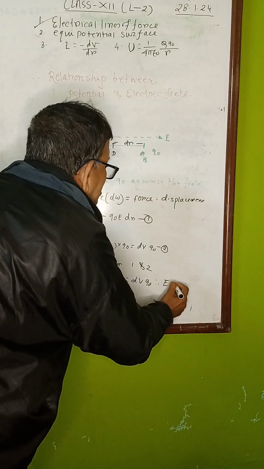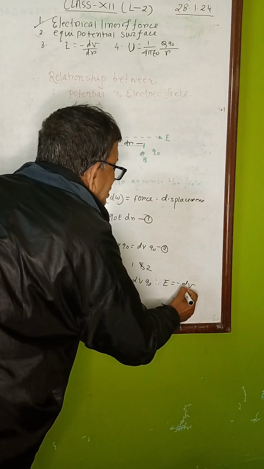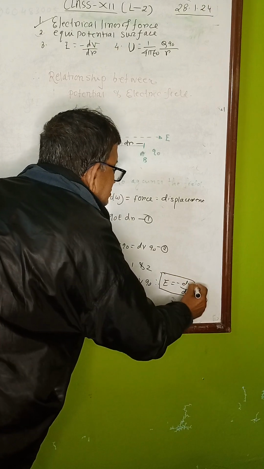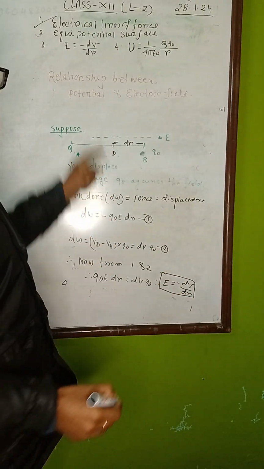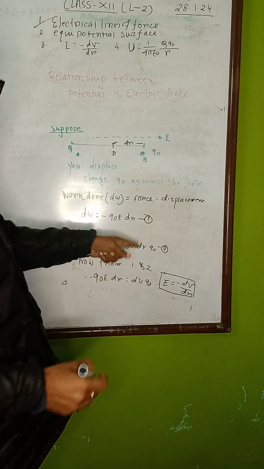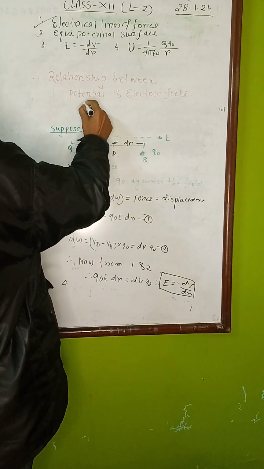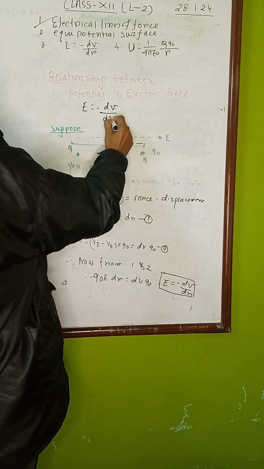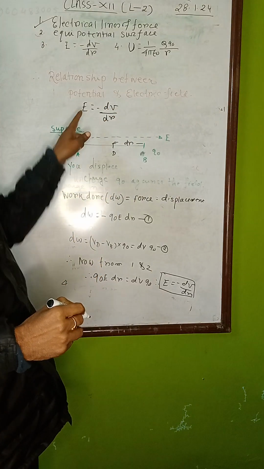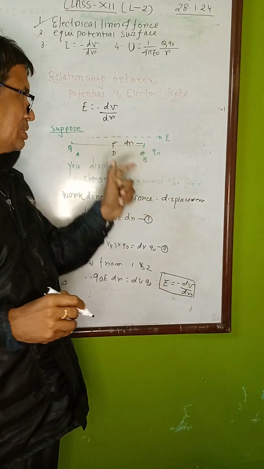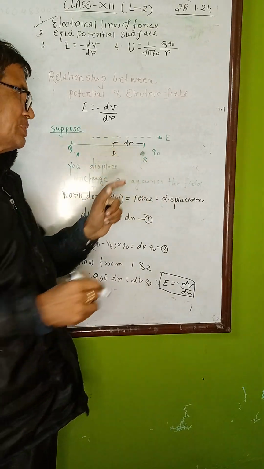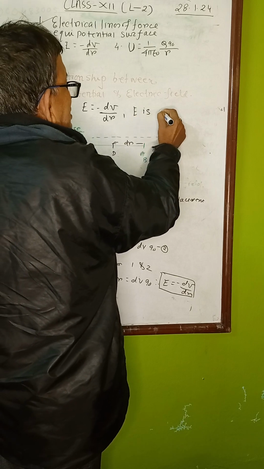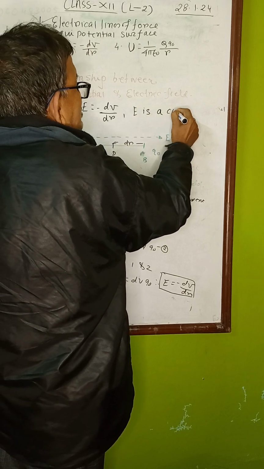That means E equals minus dV by dr. You remember, E equals minus dV by dr. That means the electric field is a conservative force field. So E is a conservative force field.